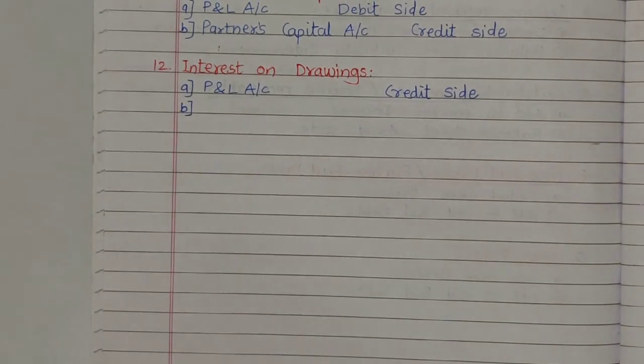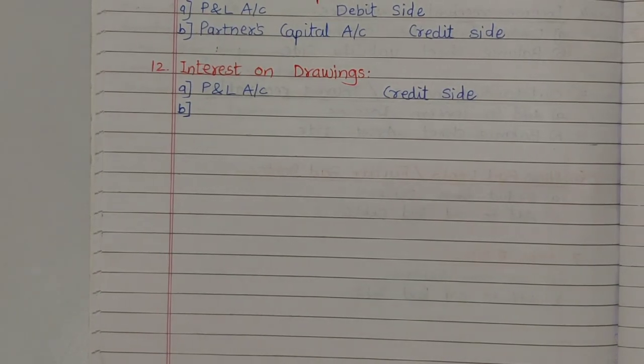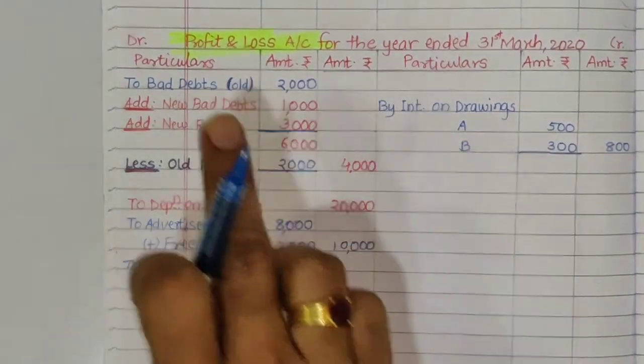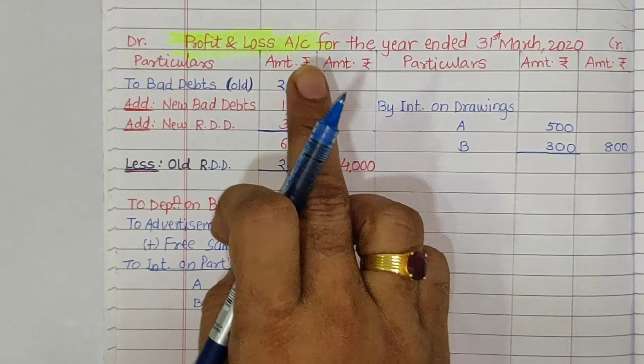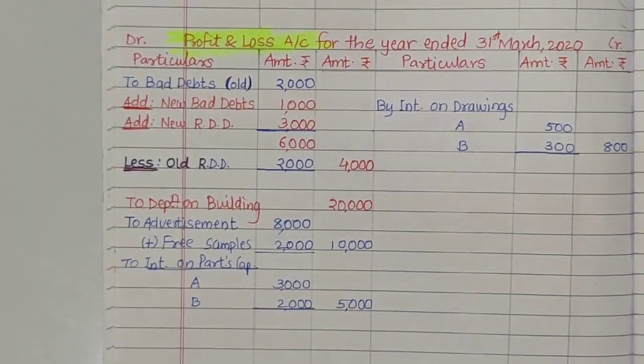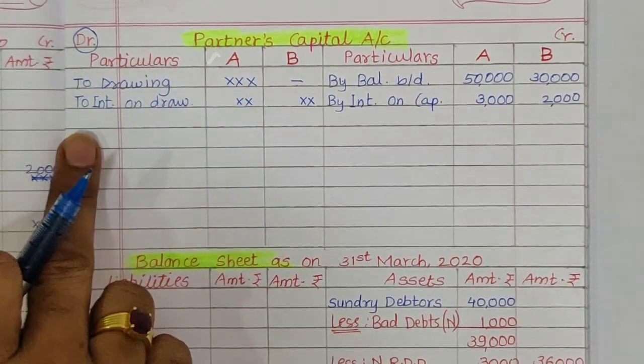And the second effect is debited to partners capital account. Effect, profit and loss account credit side by interest on drawing. Second effect, partners capital account debit side to interest on drawing.